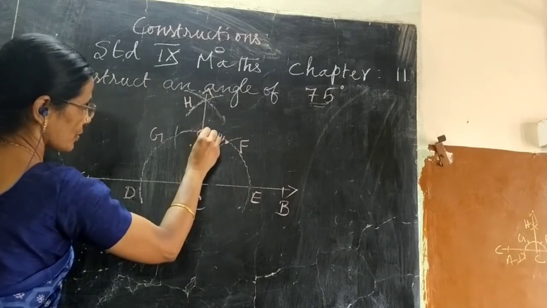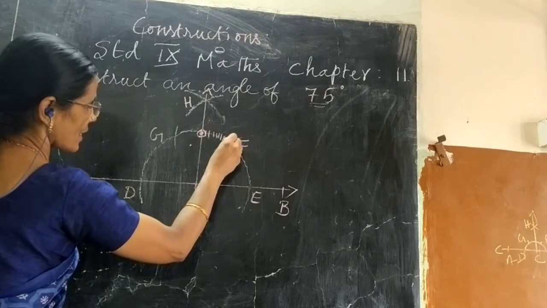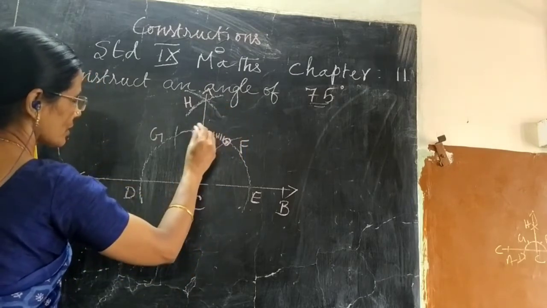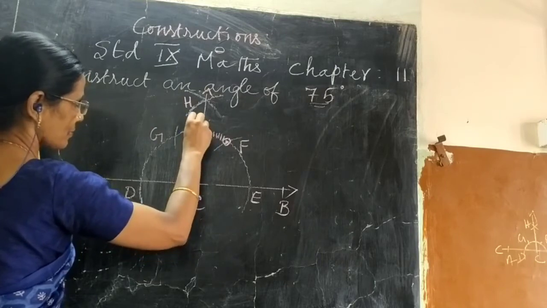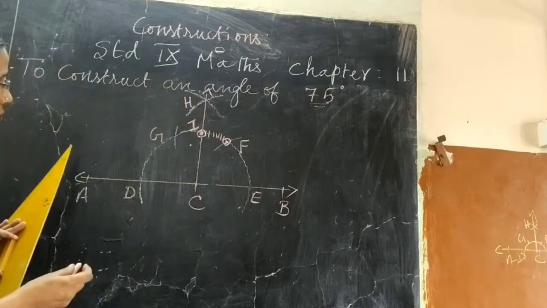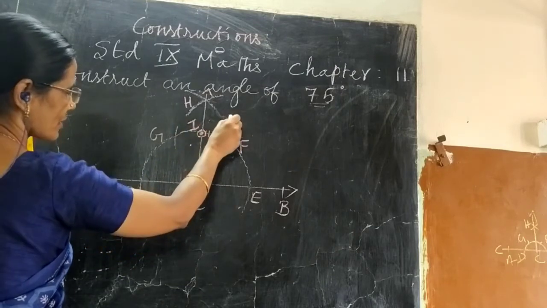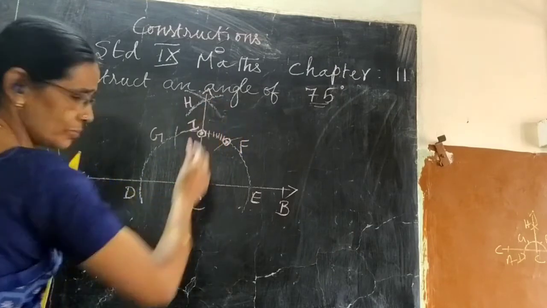So these are the centers. Radius can be the same radius also. We are going to bisect this. So this point I take it as I. So taking F and I center and the same radius, we are going to draw two arcs to intersect.